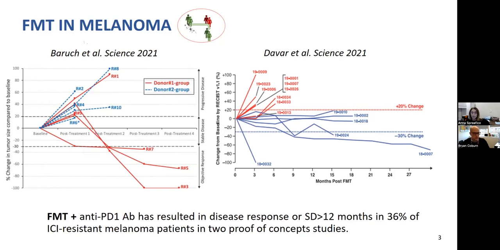The combination here was deemed safe and induced a response that was also durable in terms of microbiota perturbation. About 6 out of the 15 patients that were treated derived what we call a clinical benefit. So not necessarily a response, but obviously stability also of the disease.